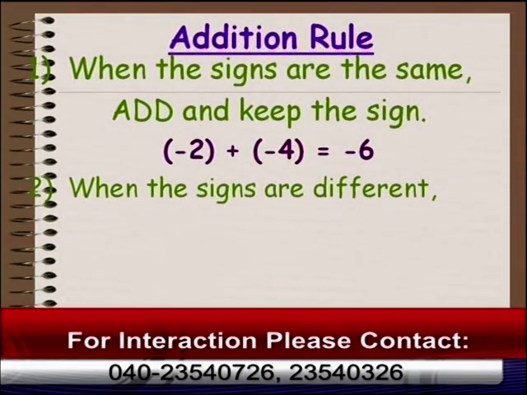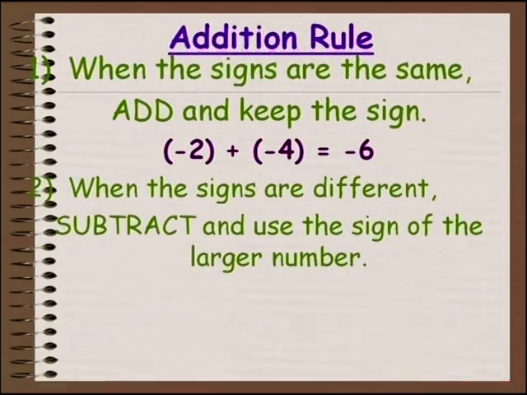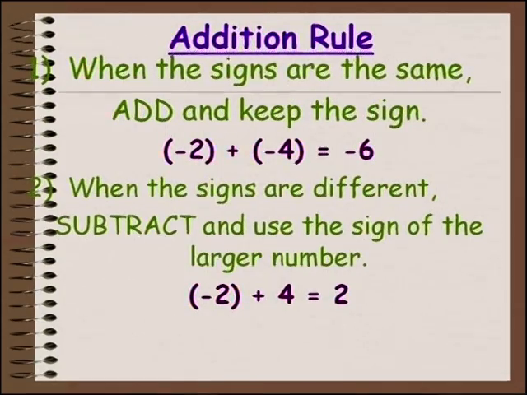When the signs are different, just observe: subtract and use the sign of the larger number. Okay, so observe, minus 2 plus 4, its value is 2. Once again, children, minus 2 and 4 are there. Between minus 2 and 4, which is bigger? 4. Okay, so if you see, 4 is the bigger one, correct?